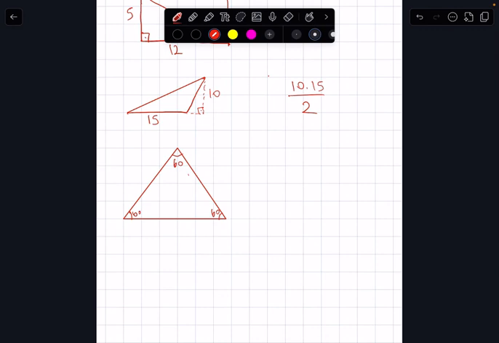So, how can we find it? A, B, C, right? Quick formula, area of ABC is equal to A square root 3 divided by 4, where A is one side. If you forget this, what are you going to do?